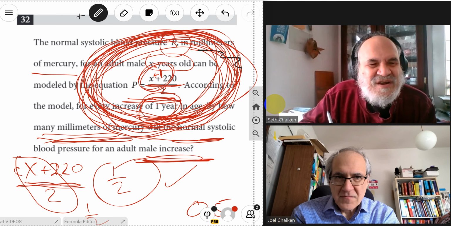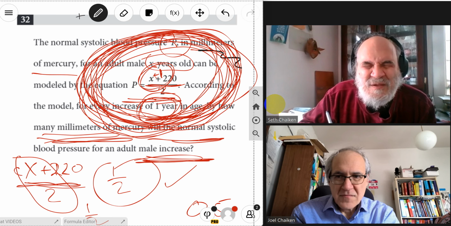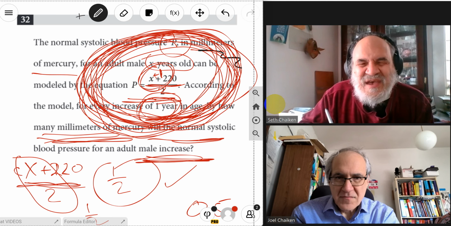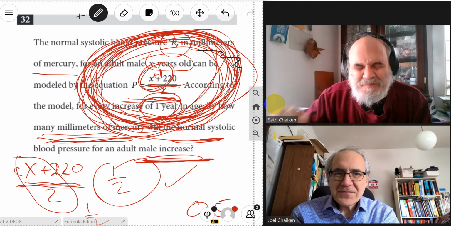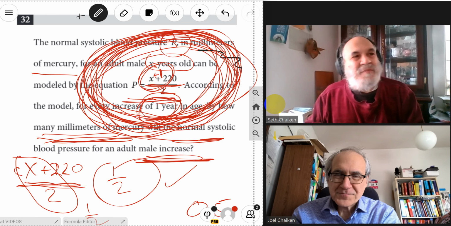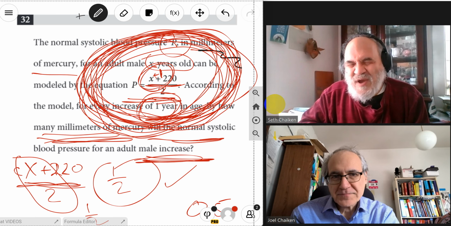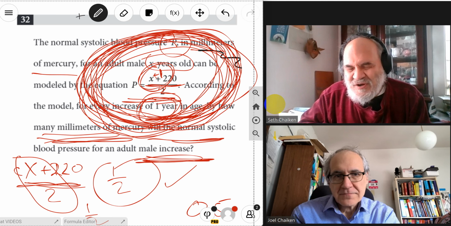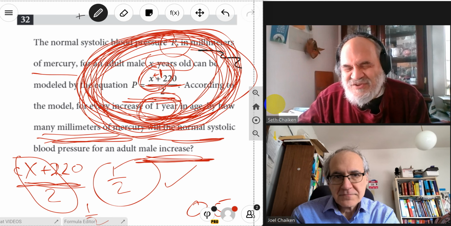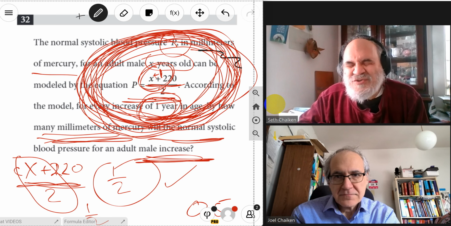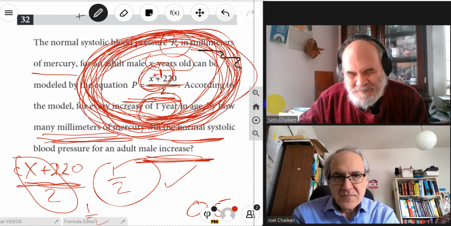Here it was 1, so the coefficient was 1/2. But in terms of approach, it depends. If your practice and training leads you to that quick answer, go for it.